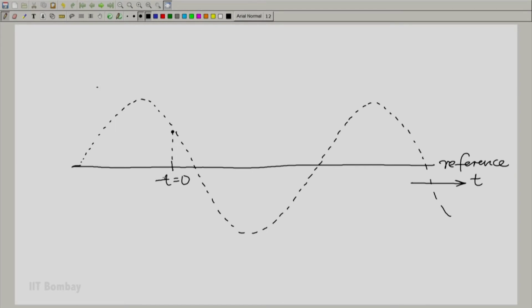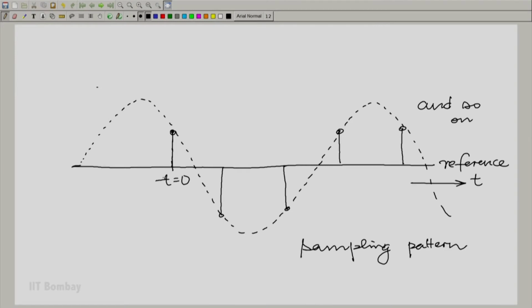So we start taking samples here and we take them with an angular spacing of pi by 2 on this sinusoid. So we have taken one sample here and the next one here. Of course it follows the next one would be here and the next one here, and this can continue. So this was the sampling pattern that we talked about the last time.